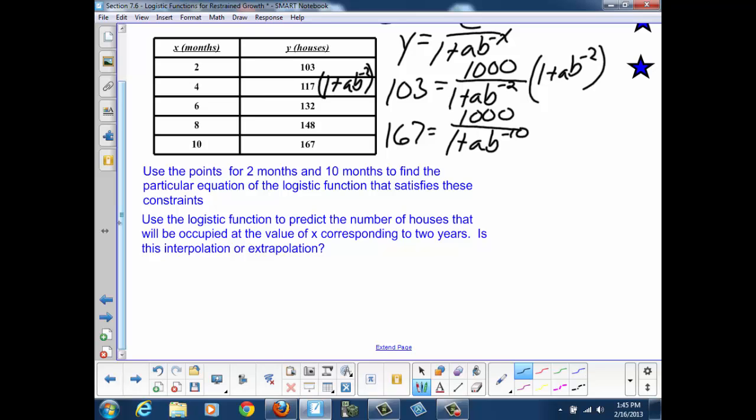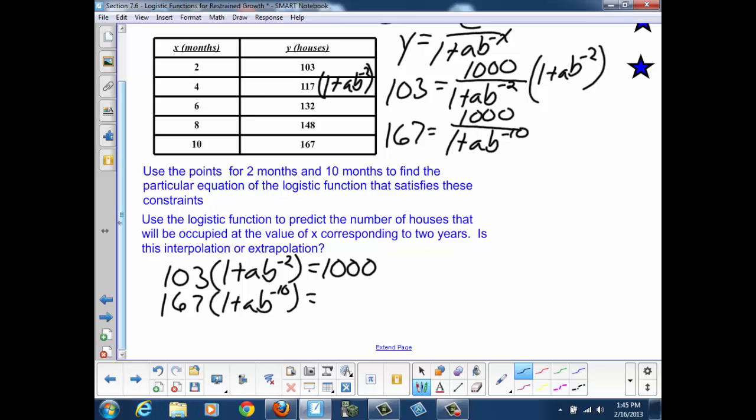So that gives me 103 times the 1 plus ab to the negative 2 is going to be equal to 1,000. And then if I do the same thing with my other equation, I'll see that I have 167 times 1 plus ab to the negative 10. And that's also going to be equal to 1,000.